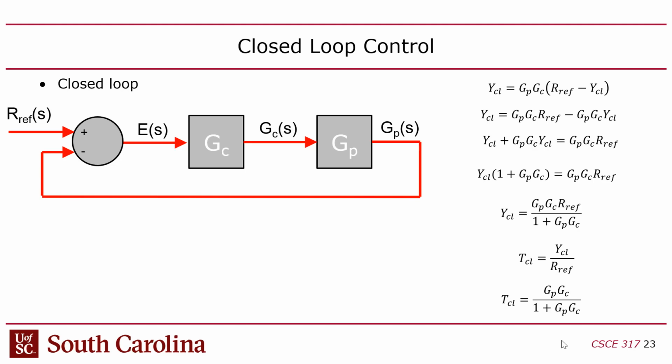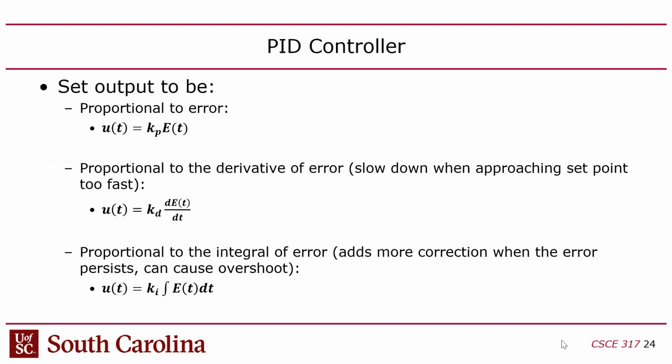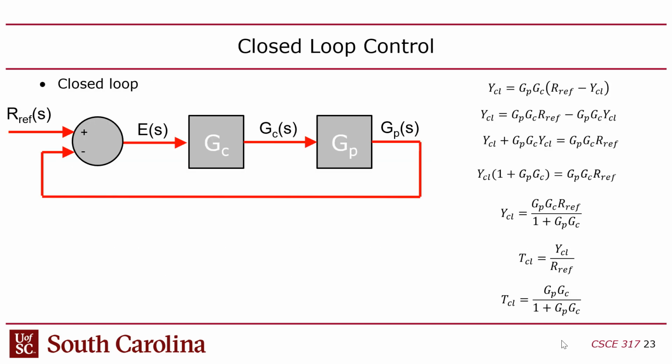And then, yeah, that's basically where I'm at. So what you end up with is this GP-GC, these two guys, this is your open loop transfer function between these two guys, right?